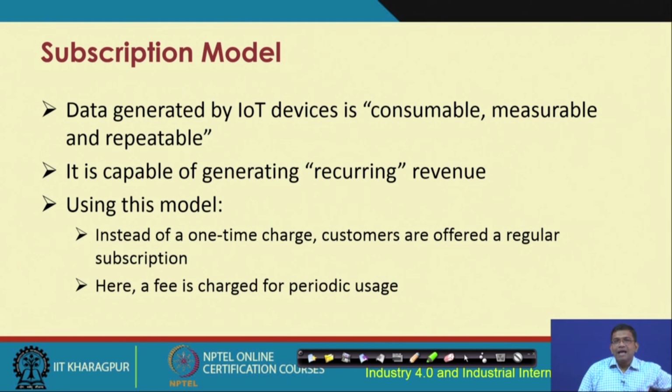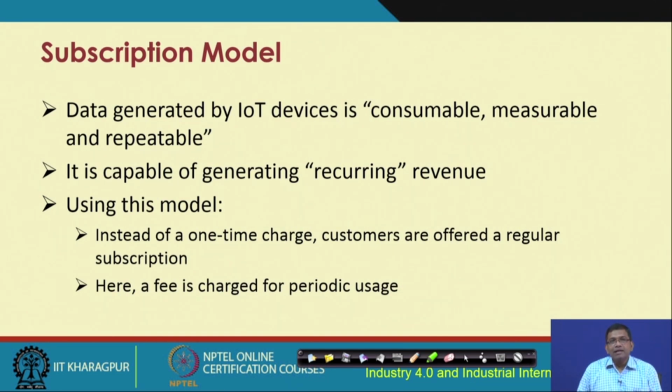So, essentially, the data that is generated by the IoT devices is consumable, measurable, and repeatable, right. This data has different facets, and it is also capable of generating recurrent revenues for the organization.